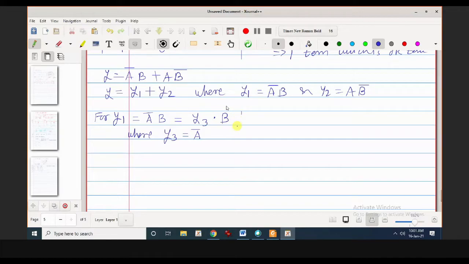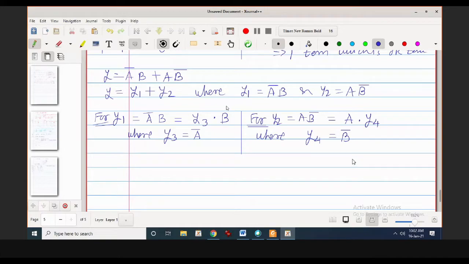Same thing for Y2: A B bar, which can be written as A into Y4, where Y4 is equal to B bar. So now I have done the segregation of all the things which I require. Now we will start the implementation of this circuit.